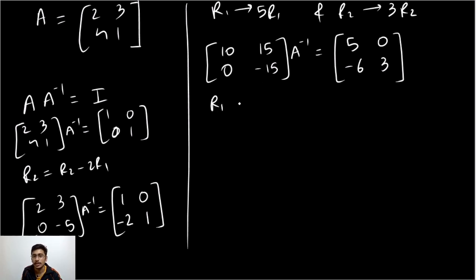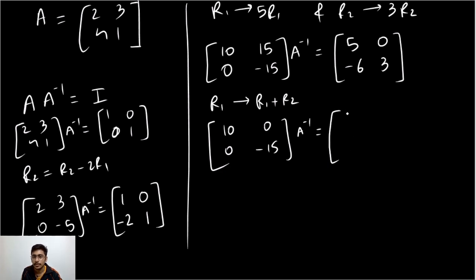Then obviously I know the next transformation. I'll say R1 became what? R1 plus R2, and R1 became R1 plus R2. It becomes 10, 0, 0, minus 15. A inverse is equal to what? So this becomes minus 1, this becomes 3, this becomes minus 6, this becomes 3.